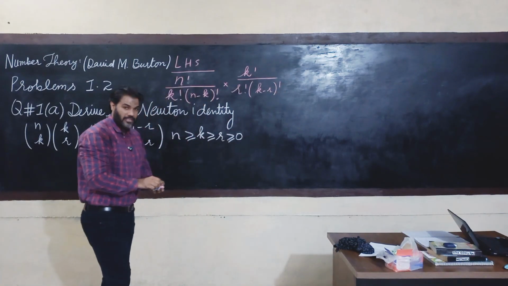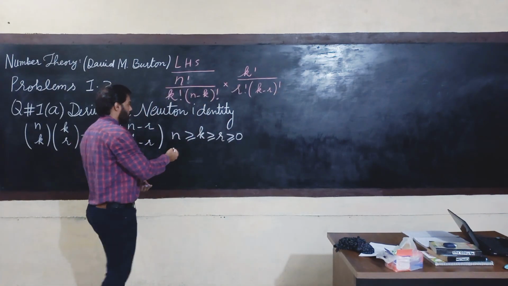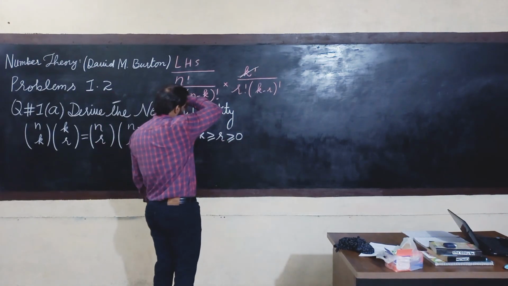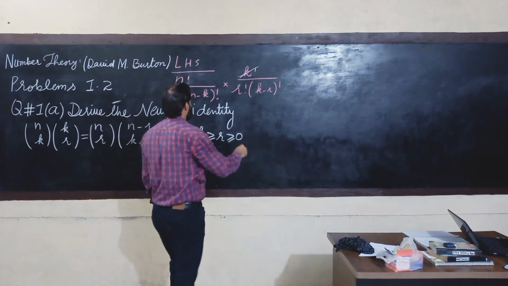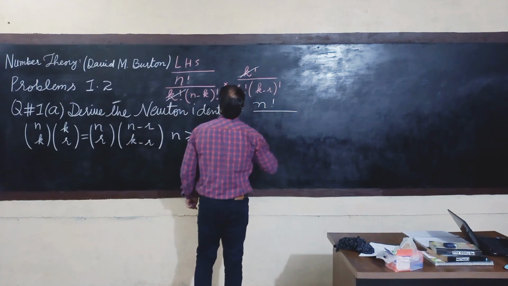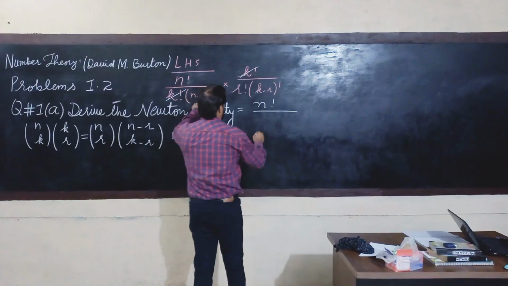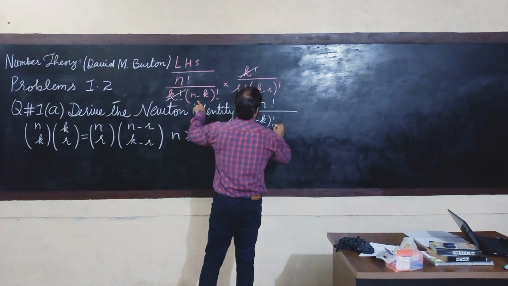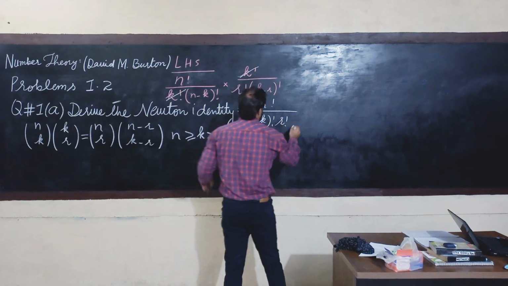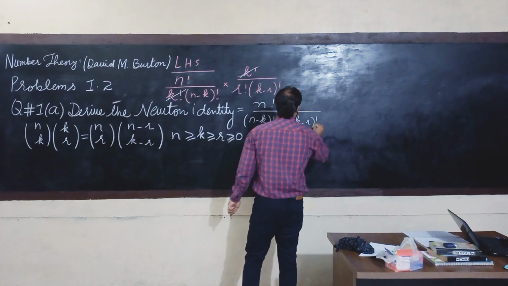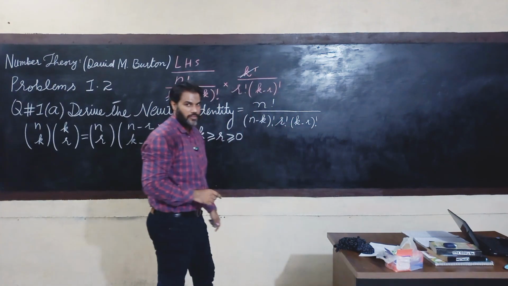Now by cancelling out the same terms, this is k factorial, and the remaining terms are, in the numerator we have n factorial over denominator, this is equal to n minus k factorial into r factorial into k minus r factorial. So this is our left hand side.